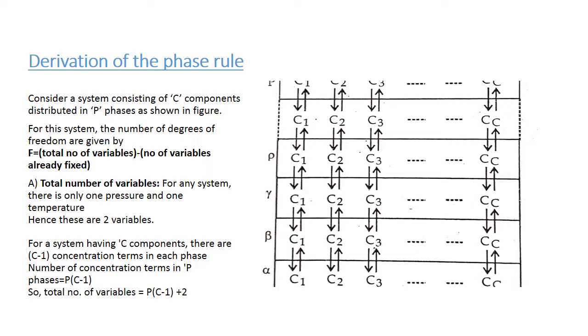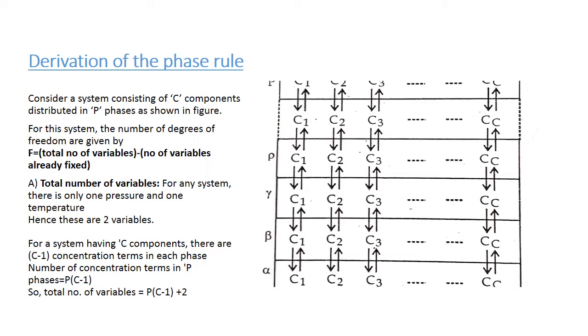The components are in the horizontal direction, C1, C2 up to C, and for the phases we go in the upward direction, alpha, beta, gamma up to P.